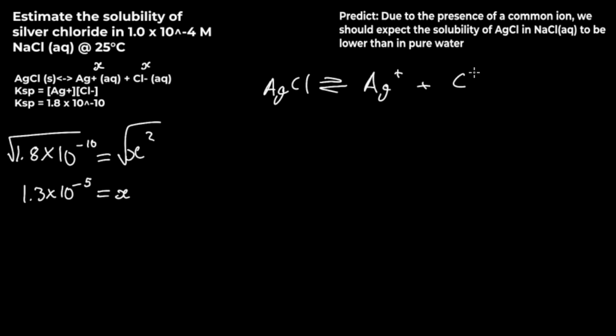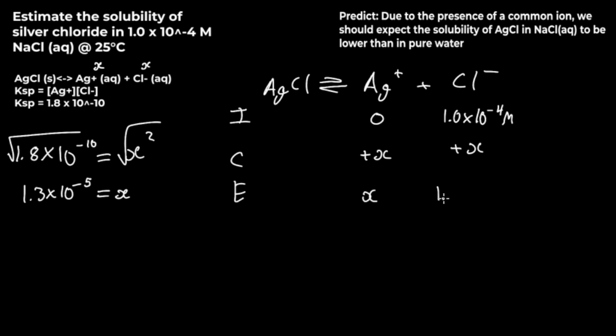So I, C, E. We have no AgCl to start with, but we have Cl ions from the sodium chloride, and we have 1.0 times 10 to the negative 4th molarity of chloride ions. This one will increase by X, this one will increase by X, so at the end we'll get X, and then 1.0 times 10 to the negative 4th plus X.